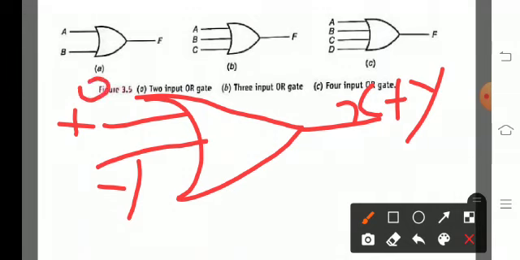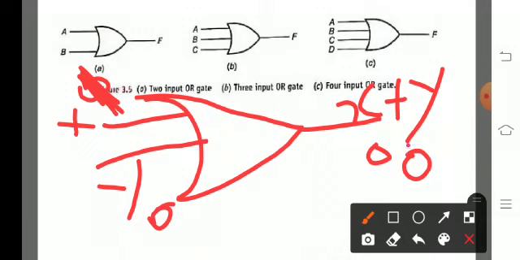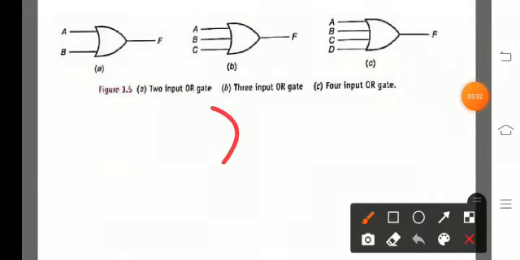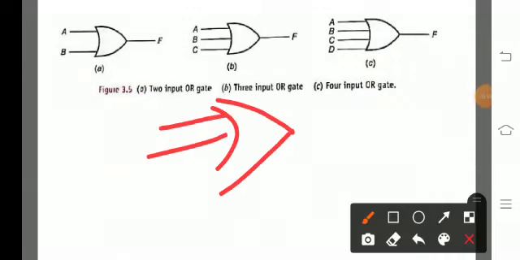So if X value is 0 and Y value is 0, then 0 plus 0, answer is 0. If X value is 1 and Y value is 0, then 1 plus 0, the answer is 1. Same procedure. So another example, OR gate with inputs X, Y, Z.